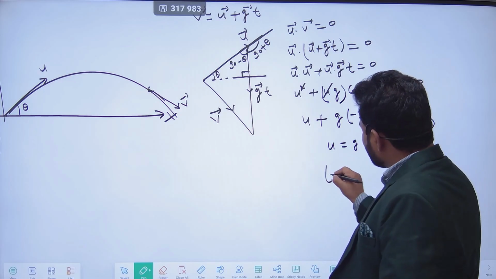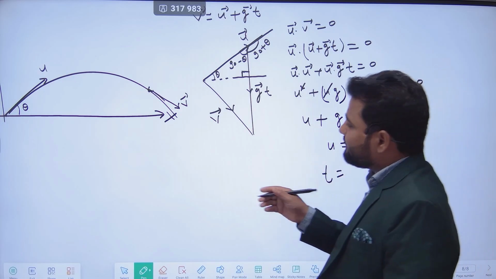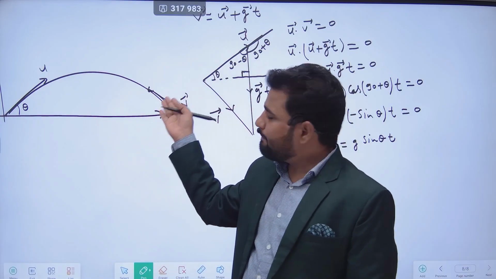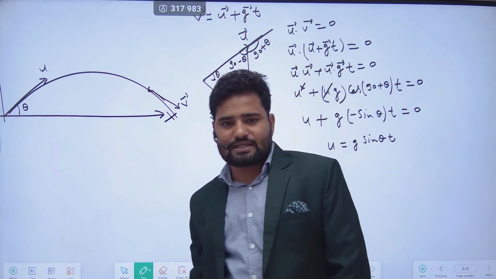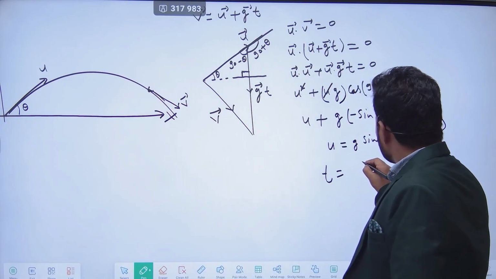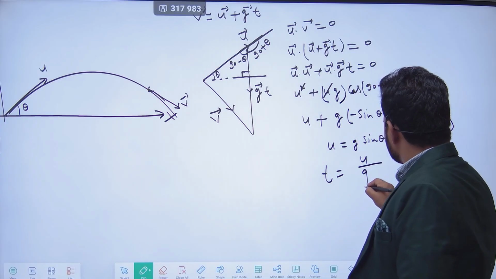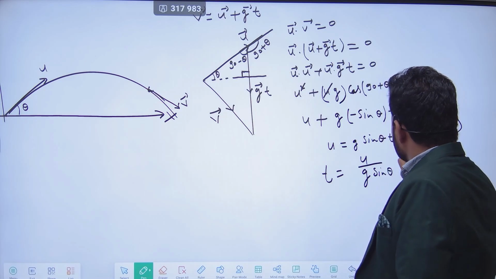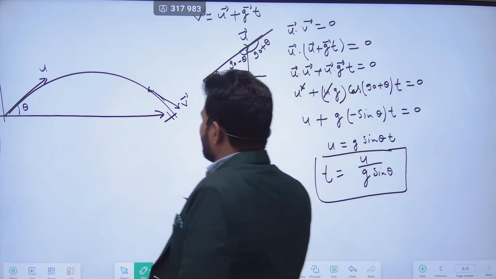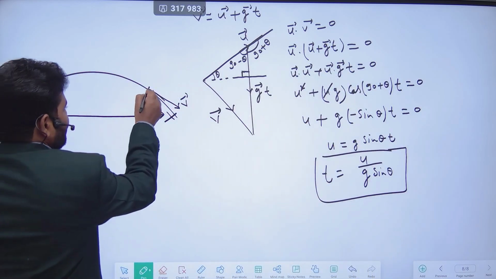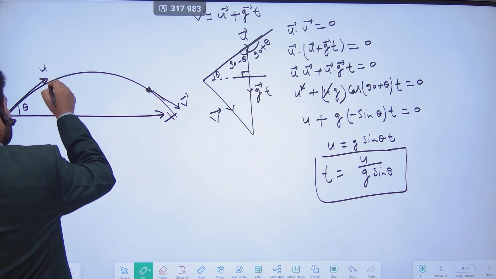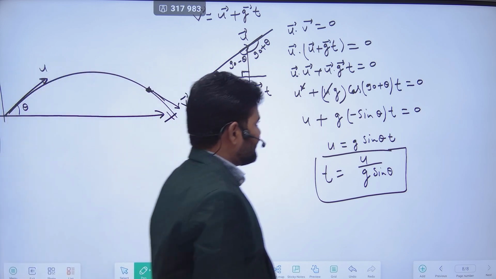From here we get the value of t, after which the velocity will become perpendicular to the initial velocity. So t is equal to u by g sine theta. This is our expression.